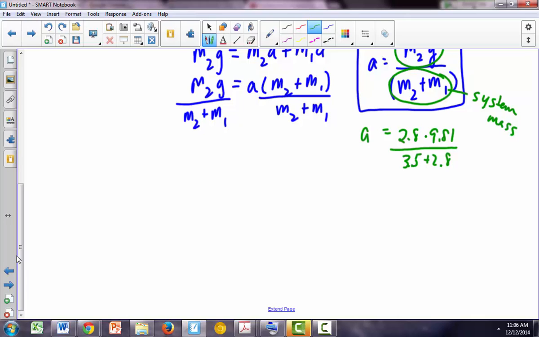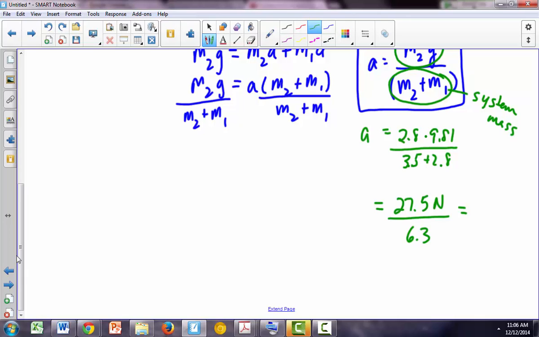So putting that into my calculator, I'm going to get in the numerator a net force provided by the weight of block 2 of 27.5 newtons, and I get the system mass is 6.3.